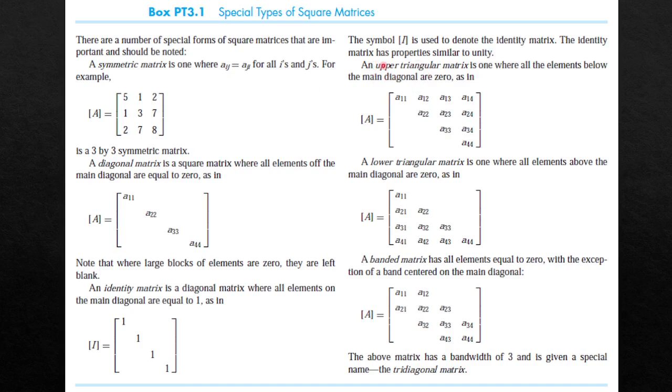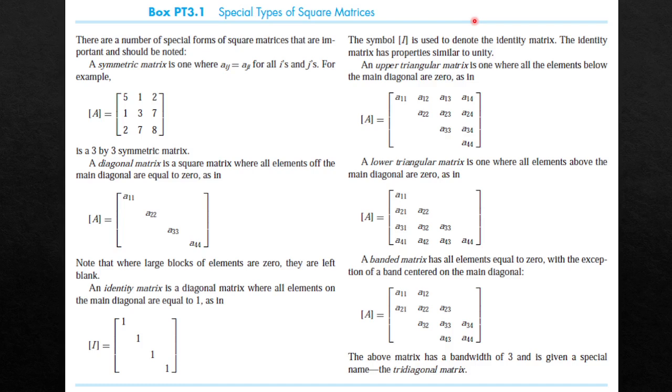The next one is an upper triangular matrix. This one has all the values in the main diagonal and also in the upper portion of the matrix, and the lower values are zeros.